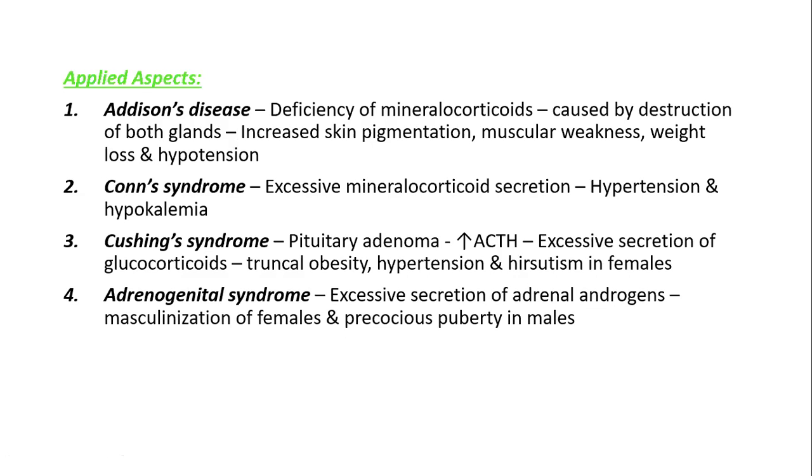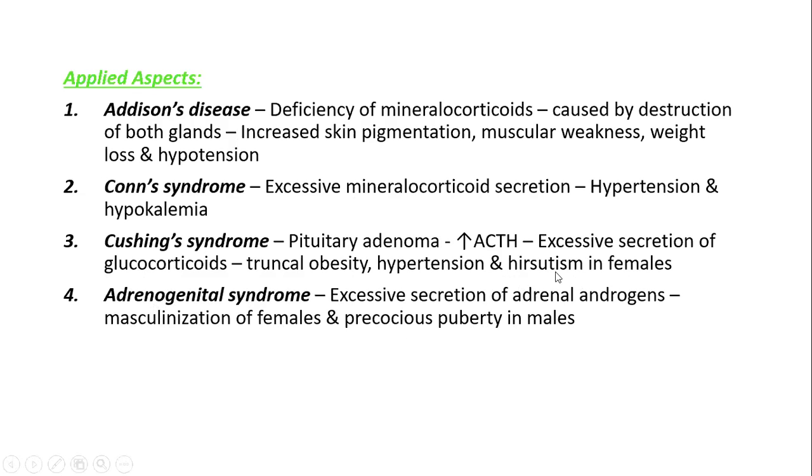Then we have the adrenogenital syndrome, where there is excessive secretion of the adrenal androgens. As you know, adrenal androgens are secreted by the innermost layer of the cortex, and that will lead to masculinization of the female and precocious puberty in case of male.